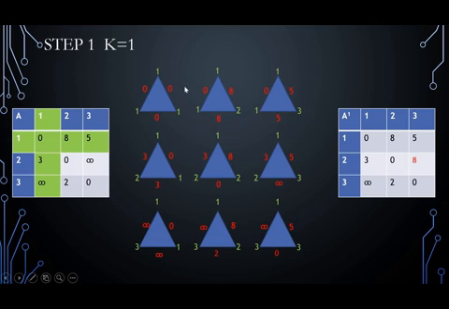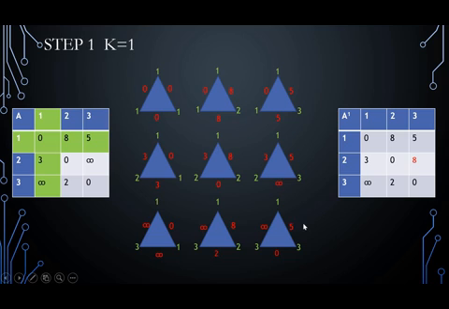Now coming to the right hand side, it will be the same column wise. So this is 1 to 1, 0, then 1 to 2, 8, 1 to 3, 5. So this will be copied column wise. See, if you have a look, 0, 0, 0, 8, 8, 8, 5, 5, 5.